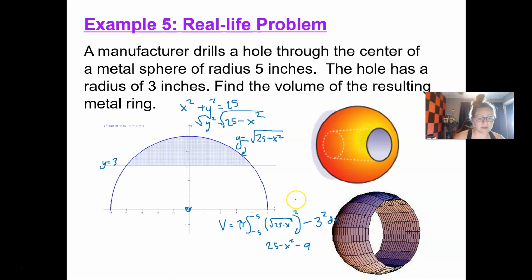And so that 3 squared, that's the 9, and it still needs the minus. And we could even do 25 minus 9, which is 16. So 16 minus x squared, with respect to x, and pi from -5 to 5.